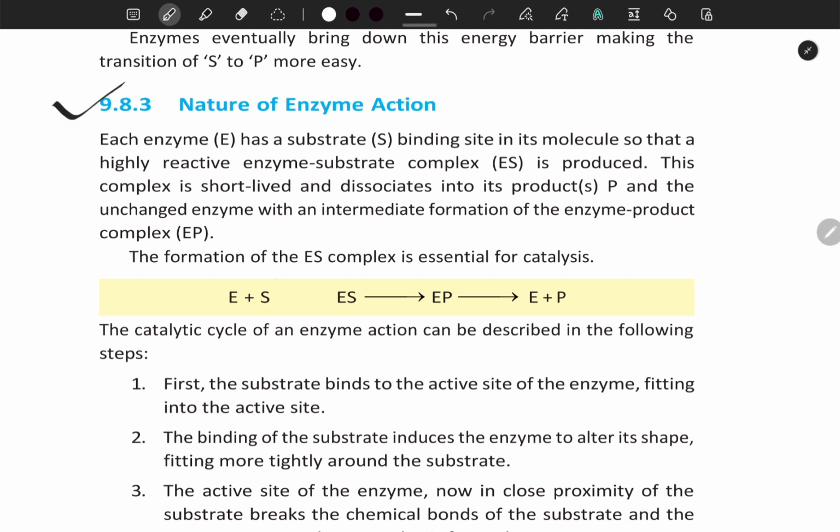9.8.3 Nature of enzyme action. Each enzyme E has a substrate S binding site in its molecule so that a highly reactive enzyme-substrate complex ES is produced.